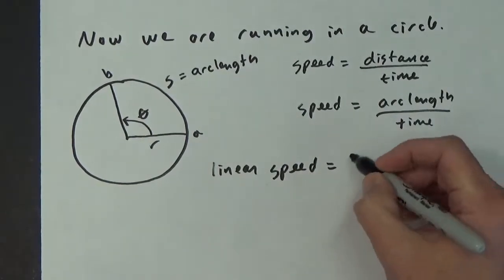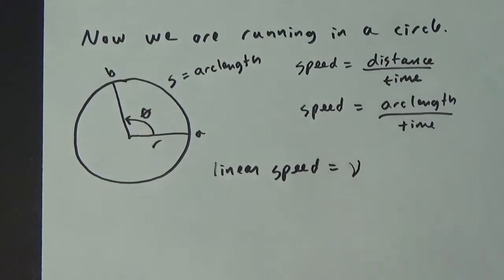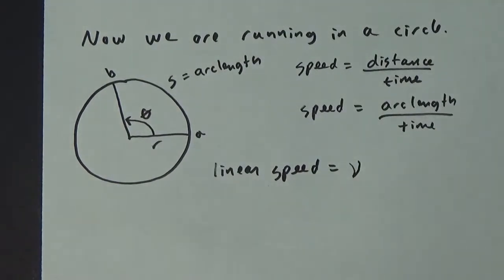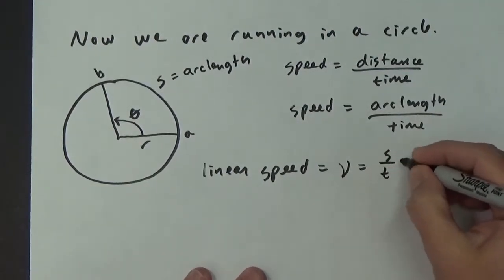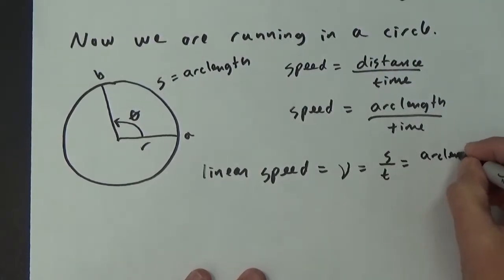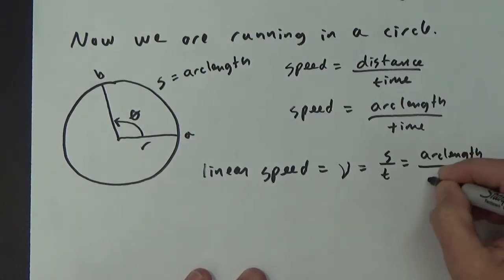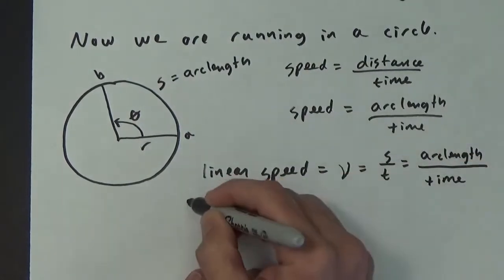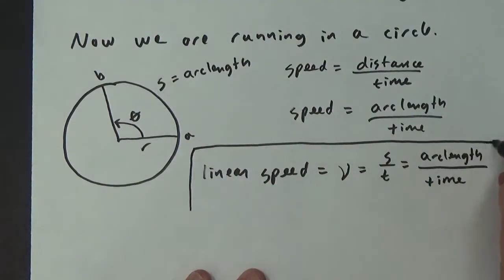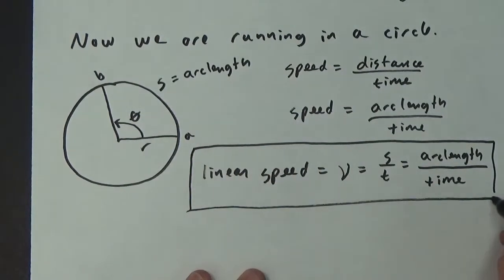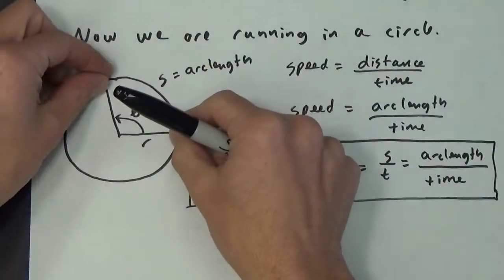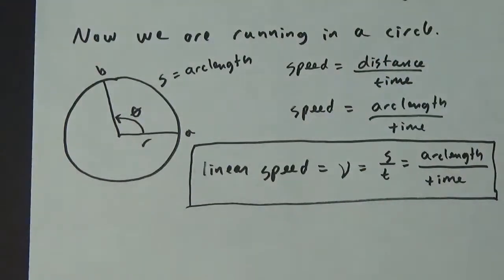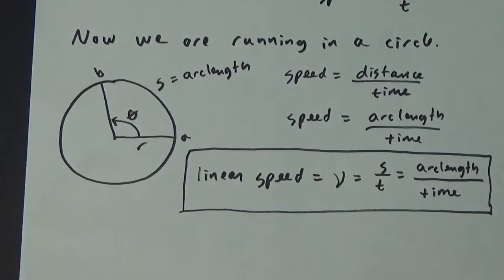So linear speed, all right, and then we have this Greek letter nu, it looks like kind of like a V that's curved, equals S over T, which is arc length over time. So essentially, linear speed is, if I were to take this whole distance and straighten it out and figure out how long it takes me to go over that straight line distance, that would be our linear speed.